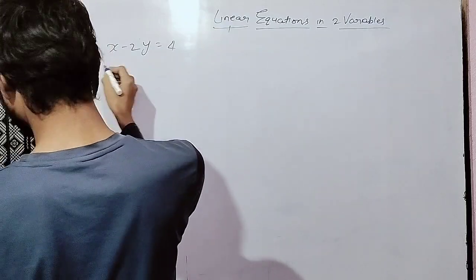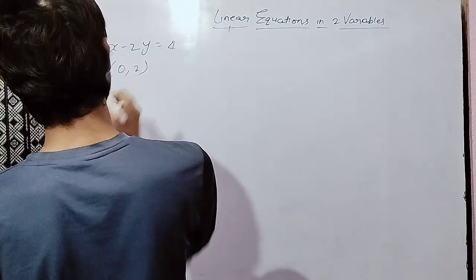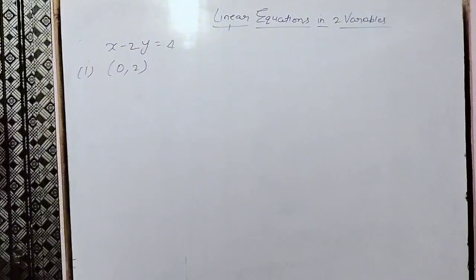And we have been given coordinates where 0 is in place of x and 2 is in place of y.